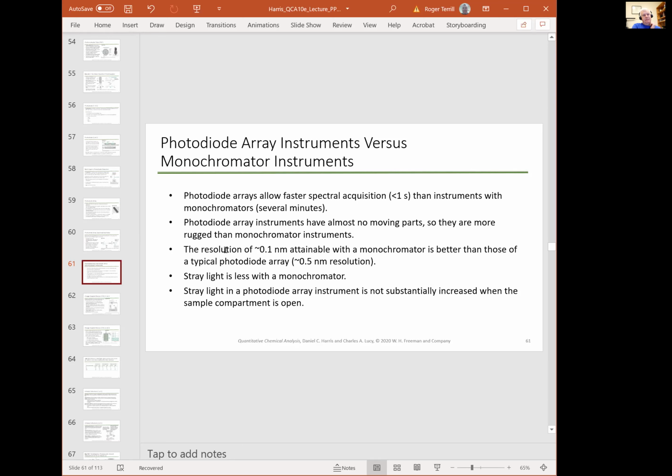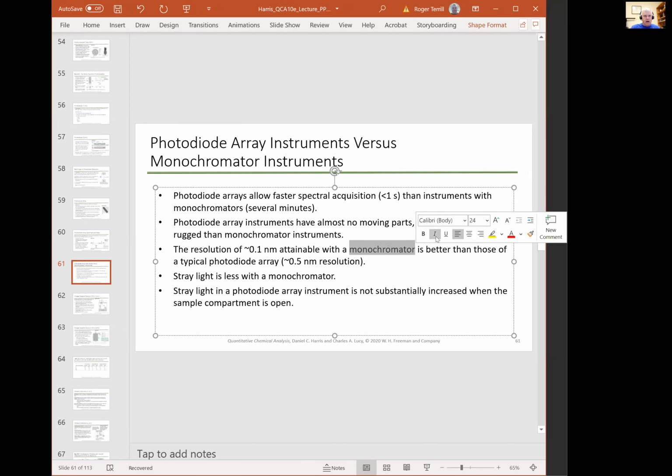These are typical values, but you can do better with a different design. I'm couching this in kind of vague terms, but photodiode arrays are fast, while monochromator designs are a little bit higher resolution.